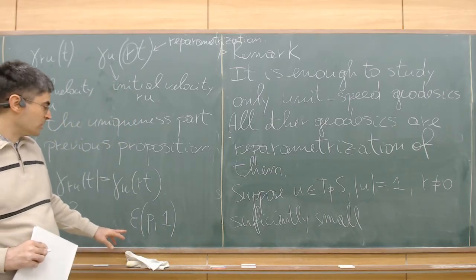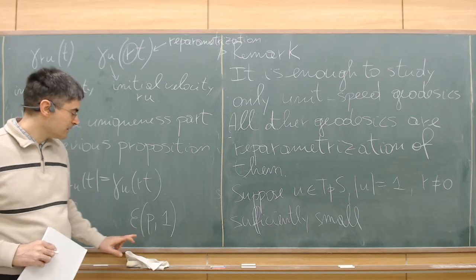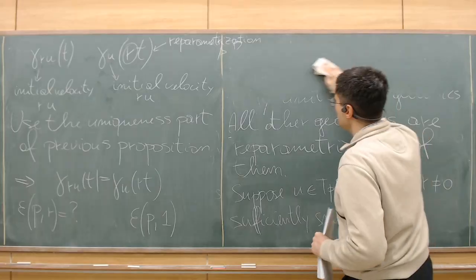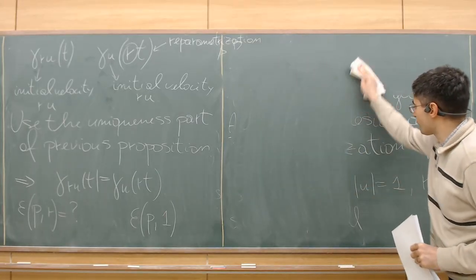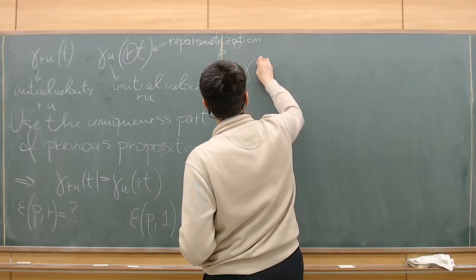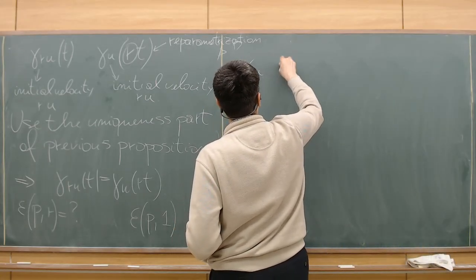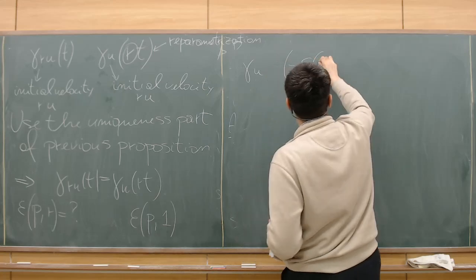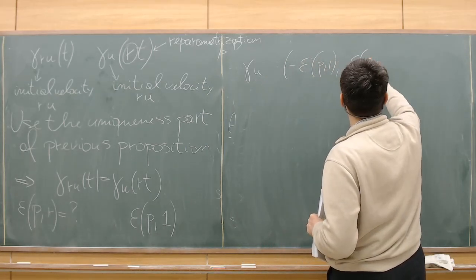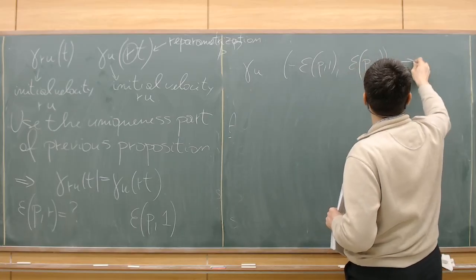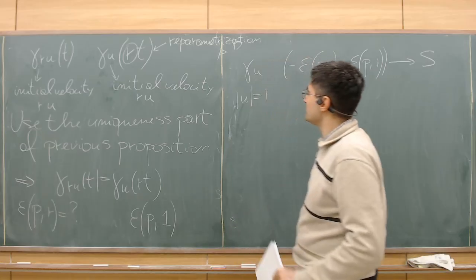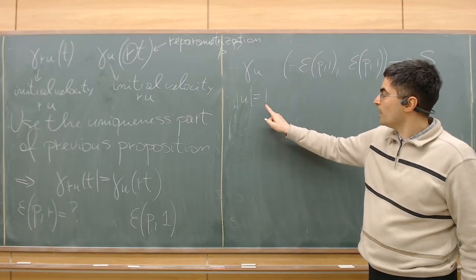Let's maybe recall what is epsilon P1. This is the number which gives you the domain of gamma U. And remember that by hypothesis the length of U is 1.